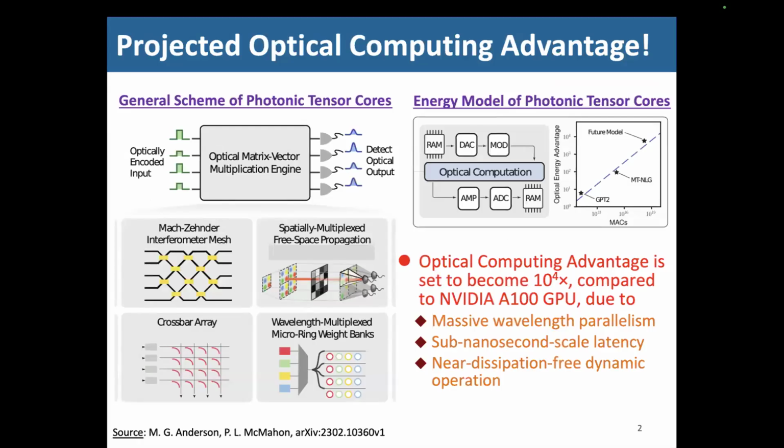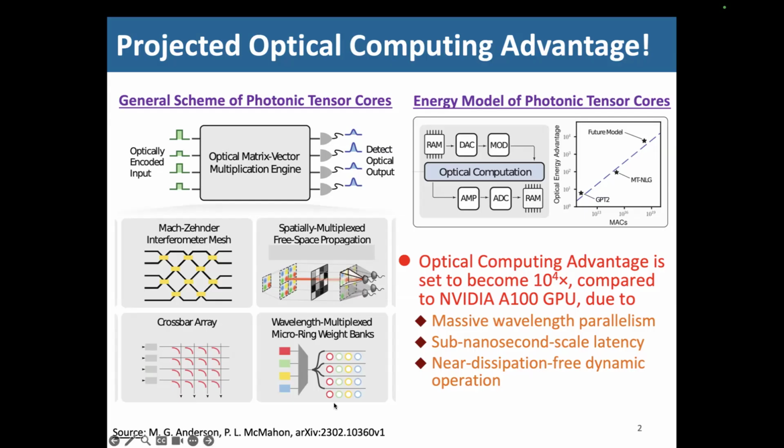Many of us already know that optical computing architectures and chips are projected to have great advantage over electrical chips and architectures, especially when it comes to linear computing, or you can say linear algebra computing, like tensor kernels, matrix multiplication, dot product, and so forth.